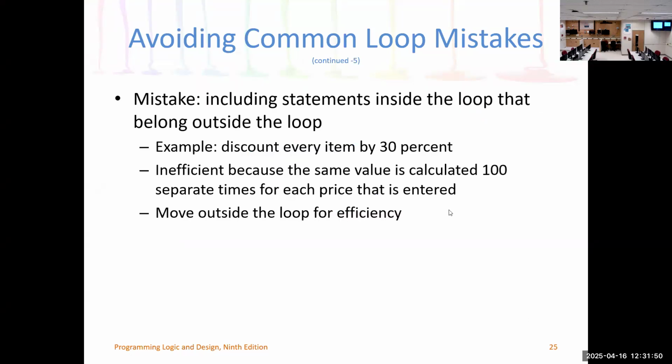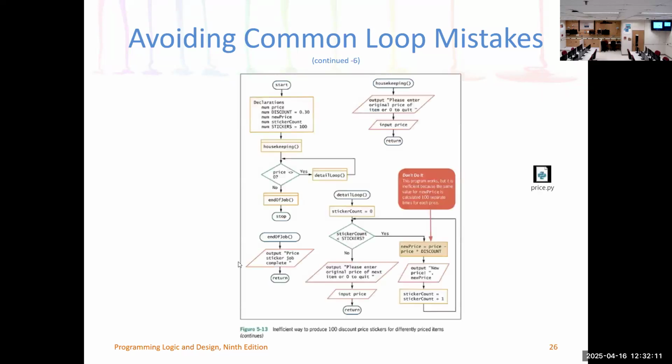Okay. Another mistake is including a statement inside the loop that belongs outside the loop here. Right? For example, discounting every item by 30% is inefficient, because the same value is calculated 100 separate times for each price. Enter and move this one outside the loop. Right? Think about this one, right?